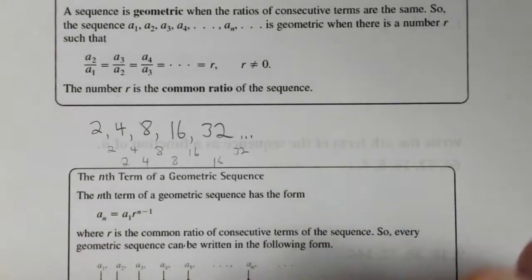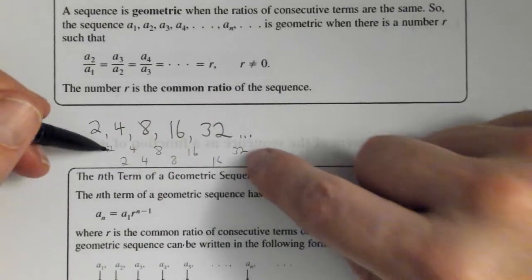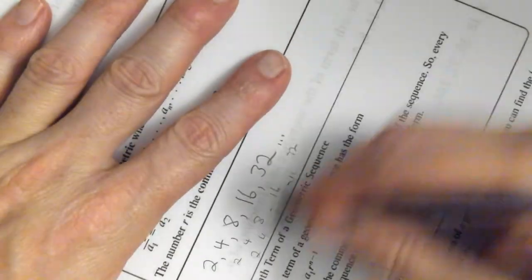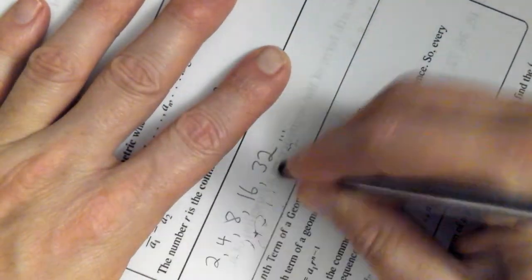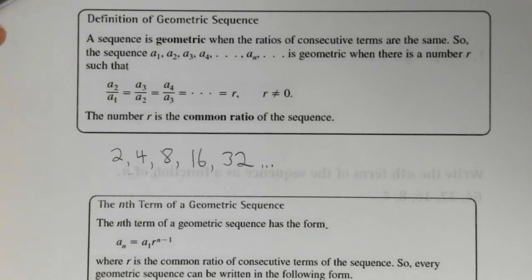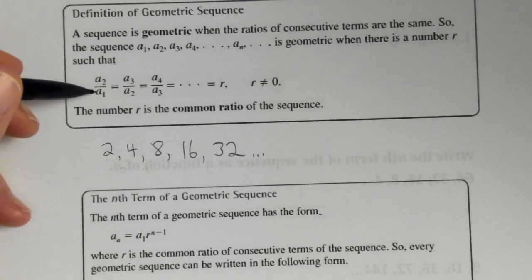They don't go to the same difference no matter how many differences you go down. That can lead us to understand that we have ourselves a geometric sequence. So it's not the differences that are the same, it's the common ratios.